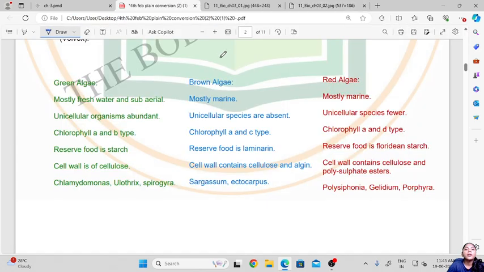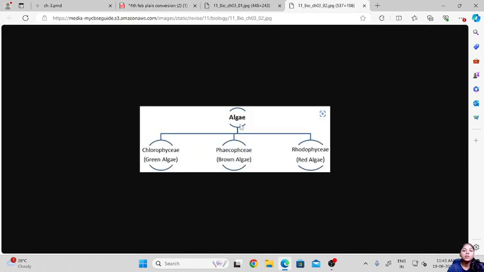So as we have already seen, we have green algae, brown algae and red algae. So here the algae group is divided into three types. The green algae are called Chlorophyceae, brown algae are called Phaeophyceae and red algae are called Rhodophyceae.